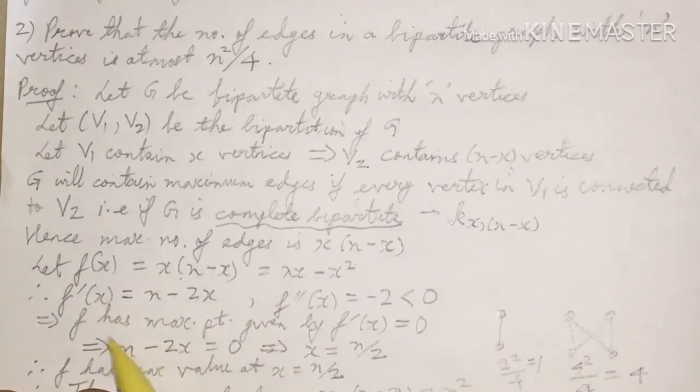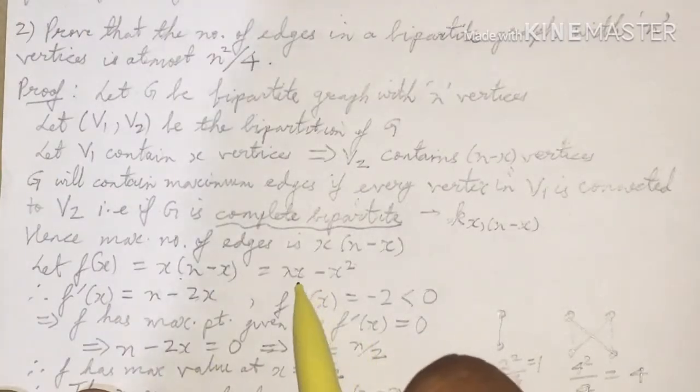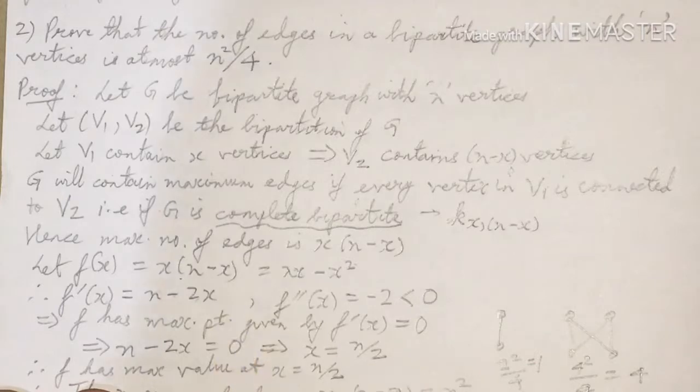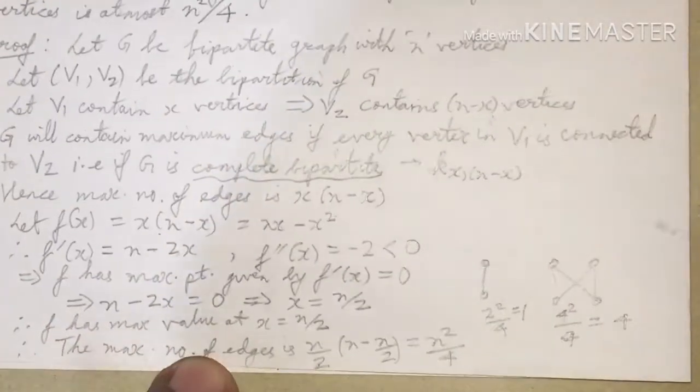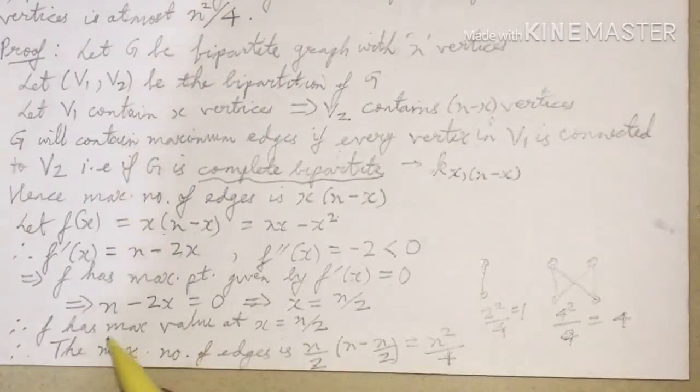The maxima being when we equate the derivative to 0. f has a maximum point given by f dash of x equal to 0. f dash of x is nothing but n minus 2x. So n minus 2x equal to 0, which implies that x equal to n by 2. Therefore f has maximum value at x equal to n by 2.